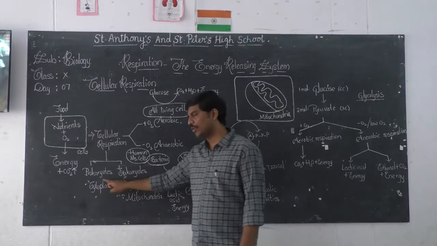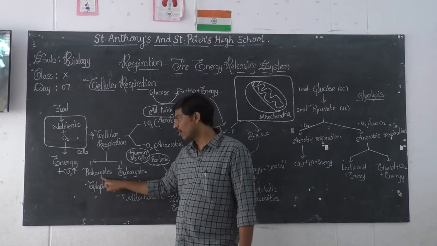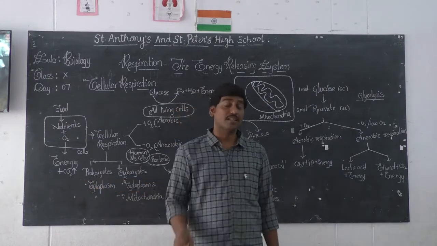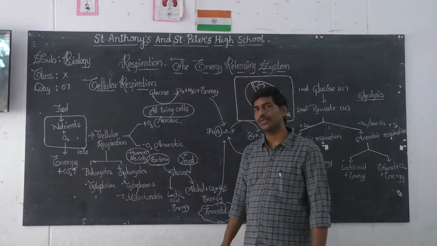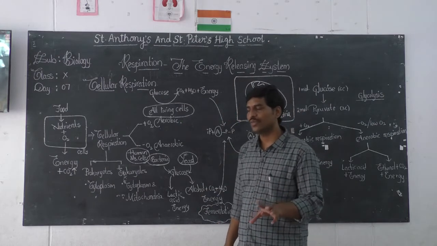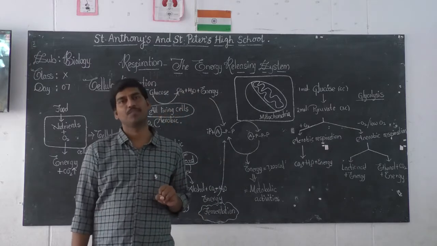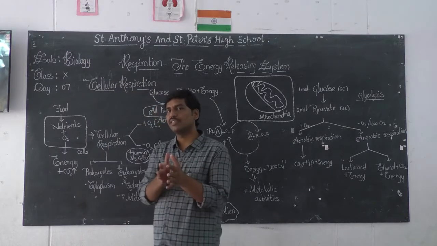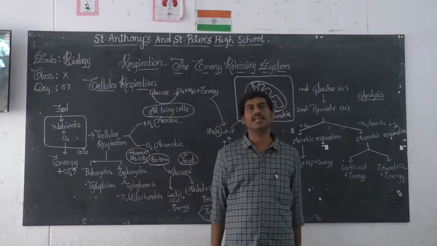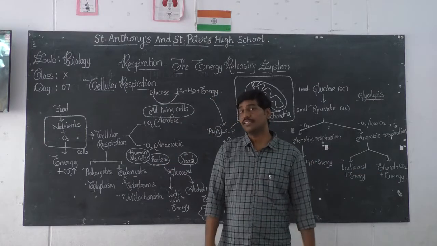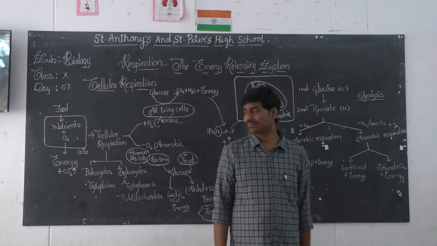In the word prokaryote, pro means primitive, karyon means nucleus. These are organisms with a primitive nucleus. That means the nucleus doesn't have any nuclear membrane, so the nuclear material is dissolved in the cytoplasm itself. Such cells are called prokaryotes.